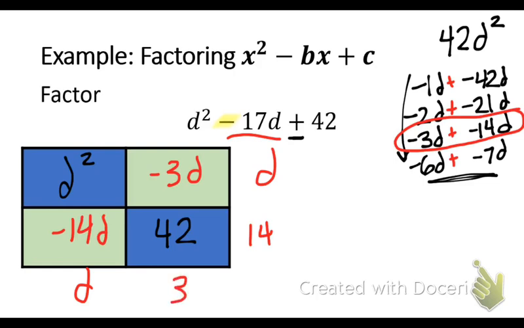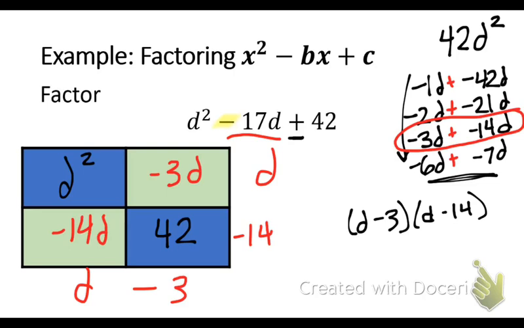So I do have to be careful here, because before we just threw positives on there because I pulled out a positive 3. Well, negative 14 does go into 42, and so I can have a negative with that one, and a negative 3 does also go into 42. And so because of that, those are negative, so my final answer for this one is going to be D minus 3 and D minus 14.